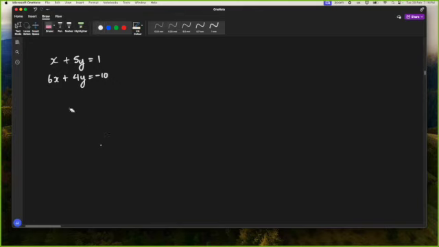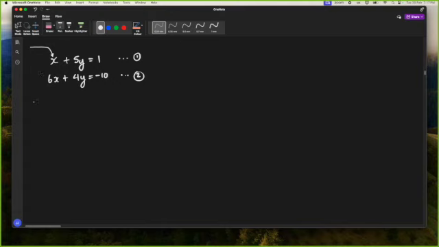So an actual substitution method this time. That last one was the substitution method, but it just turned out to be parallel lines, right? So this is equation 1. This is equation 2. So the whole thing about the substitution method is you want to look for something that is easy to make the subject of the formula. So I could see here that this x, it's easy for me to make that the subject of the formula.